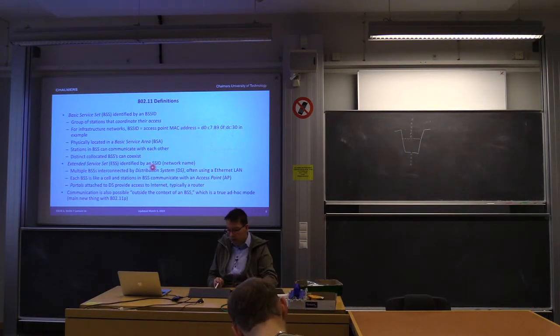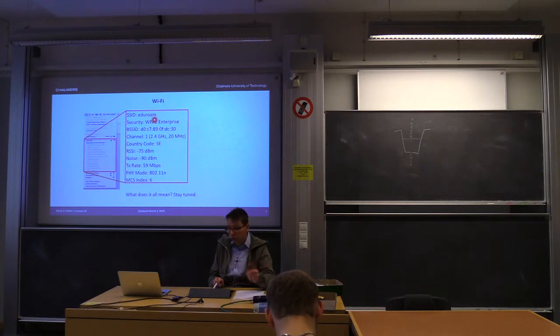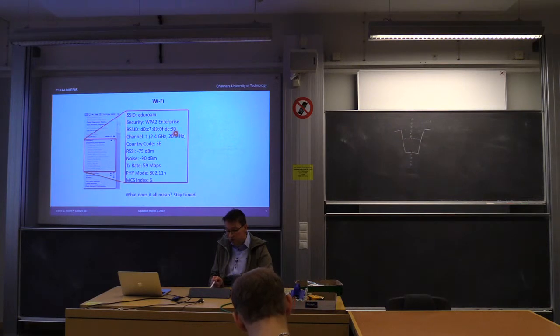And this is then identified by an SSID, which is the network name. So if we go back here, the SSID eduroam is basically available over the entire campus, right? But there is not a single access point that coordinates this, but many access points. The access point that happens to be closest to me at the moment is this one.